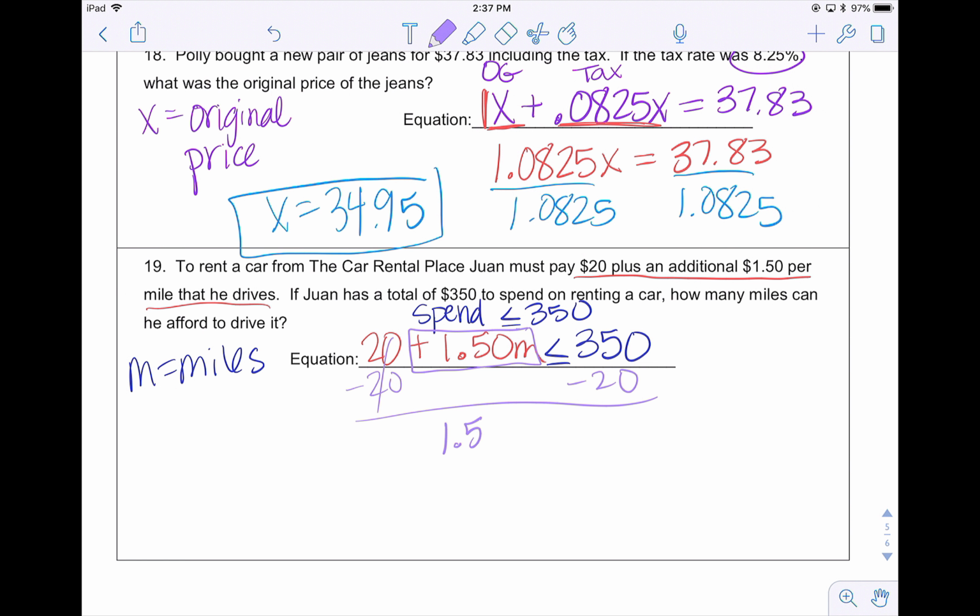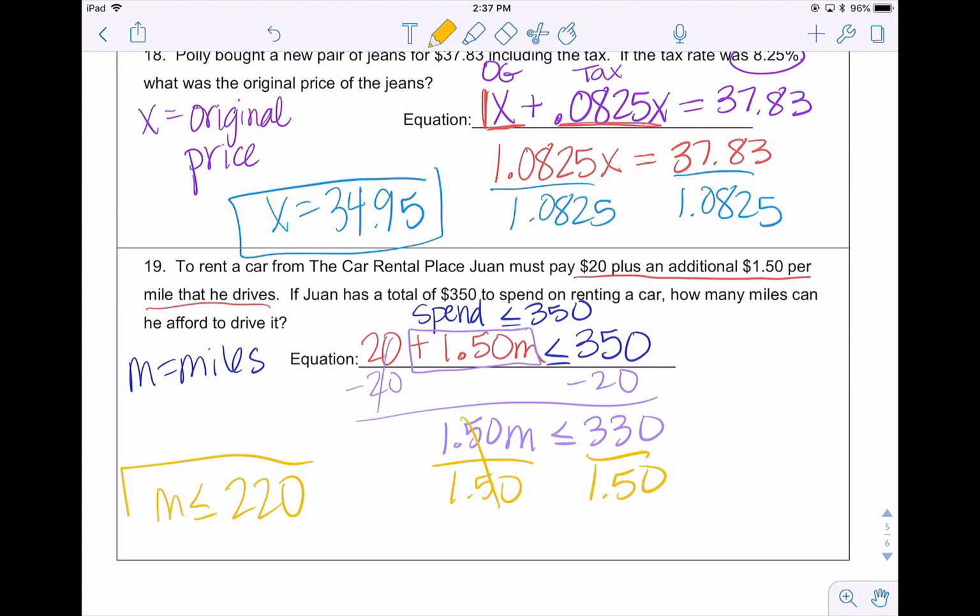So 1.5 M is less than or equal to 330. And then I'm going to divide both sides by 1.5. So 330 divided by 1.5 is 220 miles that he can drive for that amount of money.